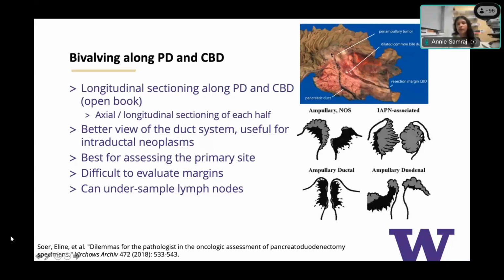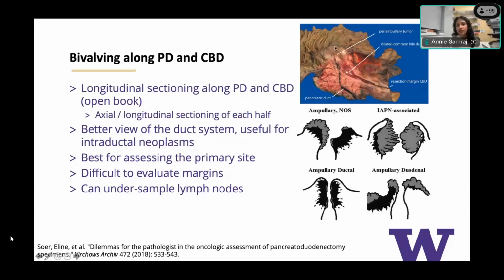So the primary site can be of many different origins. And depending on what we call it, the prognosis and the treatment options vary for the patient. And of course, the pancreatic origin has the worst prognosis of all of these, and ampullary tends to do better. So that's why it's so important to assess the primary site.